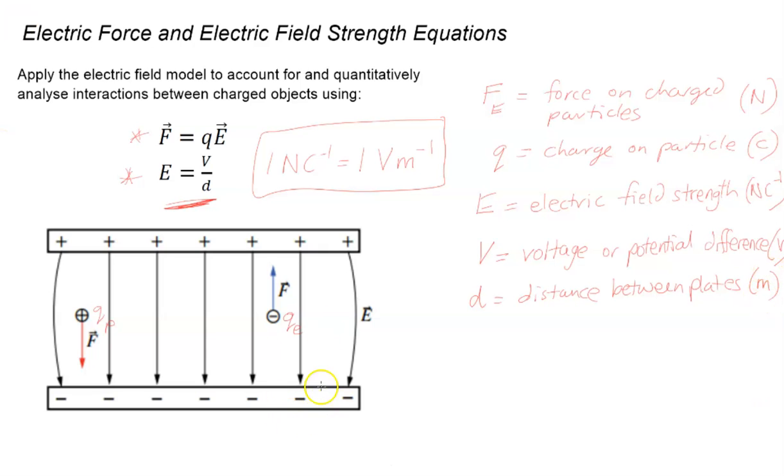Recall that these lines represent the electric field lines. They show the direction of the electric field. And the direction of the electric field is defined as the direction of the force that a positive test charge would experience within that electric field.